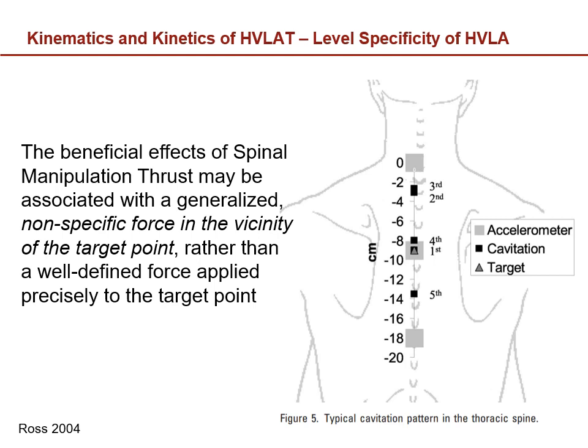And then the small black squares demonstrate the different cavitations, and you can see that though a couple were quite precise to the target level, there were also 2 that occurred well above, several segments above, and then also several segments below, almost 4 below and then almost 6 above.